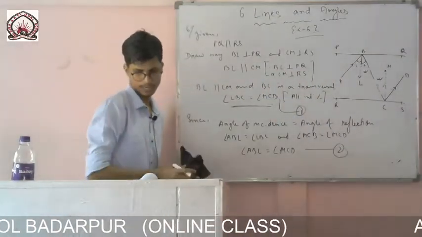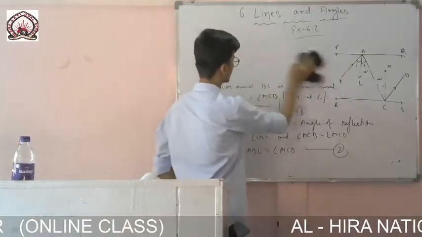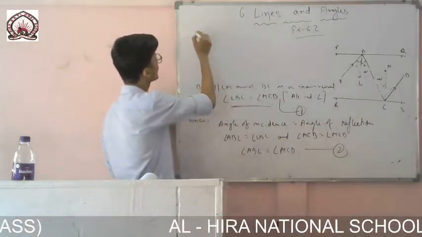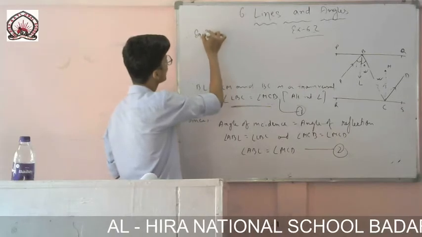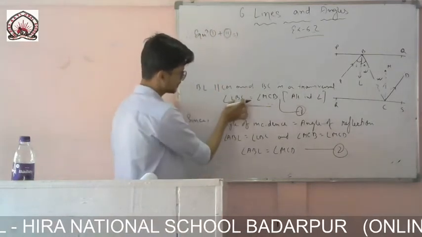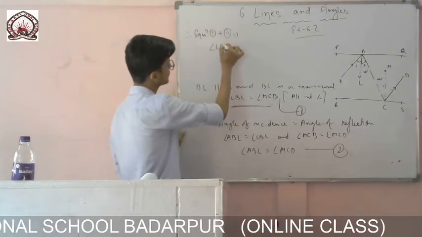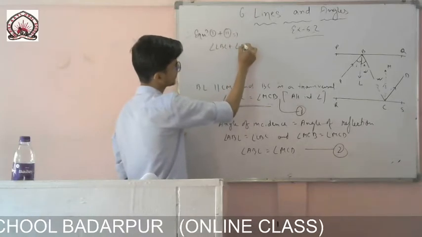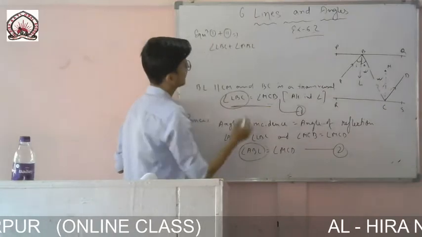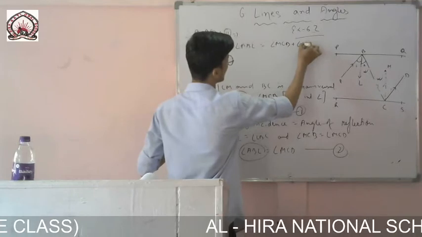Now what we'll do, we'll add this 2 and simply we'll get the answer. So I am erasing this part. Therefore, adding equation 1 and 2. So write LBC plus angle ABL is equal to angle MCB plus angle MCD.